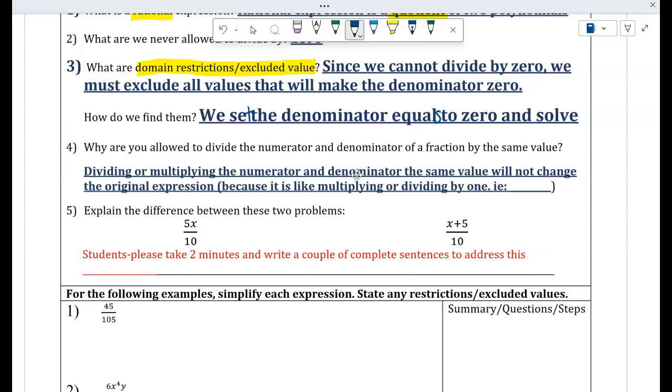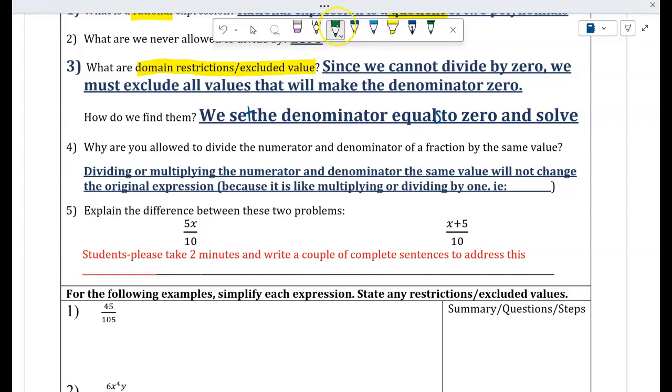Number 4, why are you allowed to divide the numerator and denominator of a fraction by the same value? Dividing or multiplying the numerator and denominator by the same value will not change the original expression because it is like multiplying or dividing by 1.